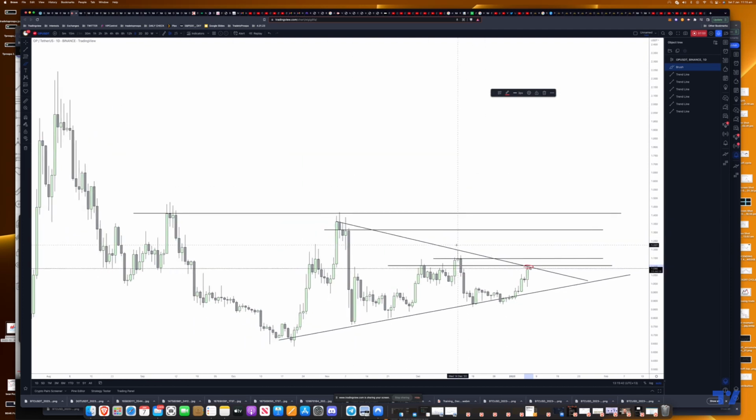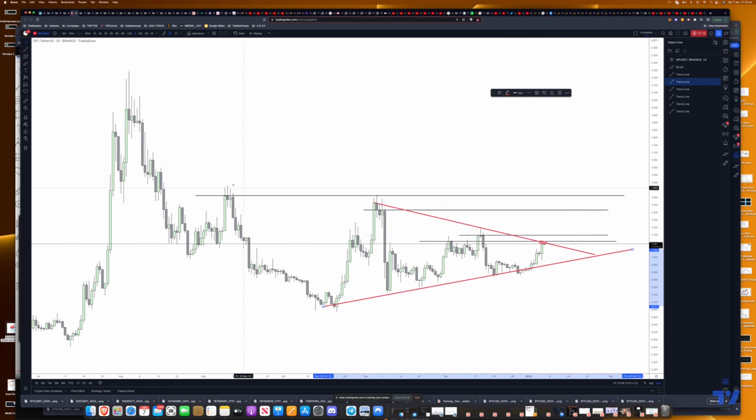But it does look like a triangle, doesn't it? So if I also enhance this with a different color and thickness, you probably see what I'm seeing. A bit of a triangle. Now let's do this with the Elliott wave count.